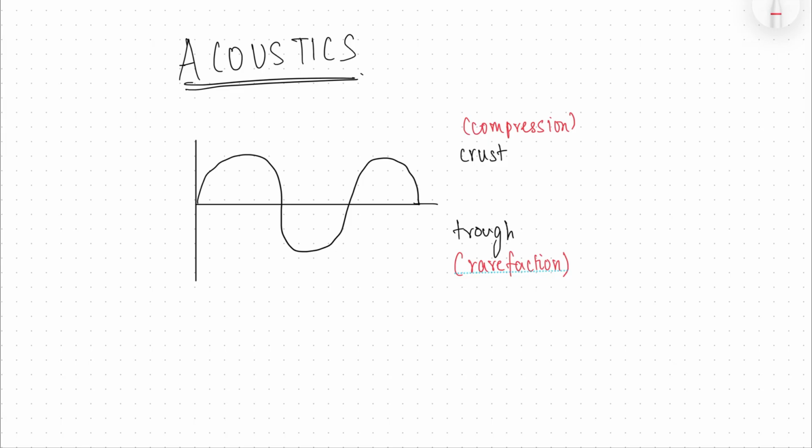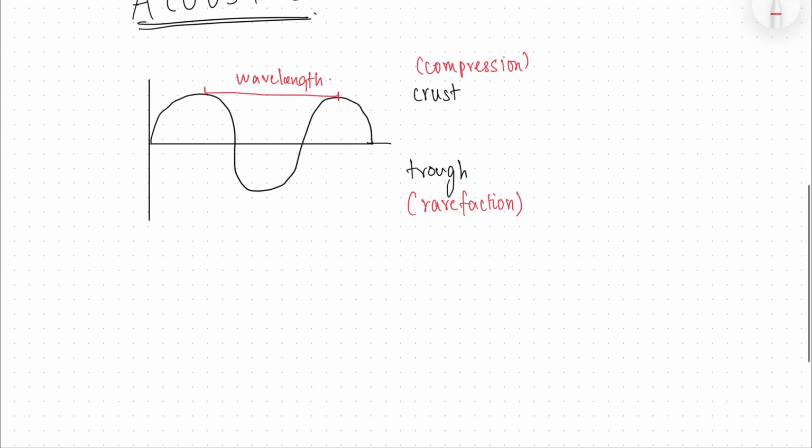So this distance is your wavelength. Okay, and the distance between your normal and either your crest or your trough is called your amplitude. So these distances, they are your amplitude.